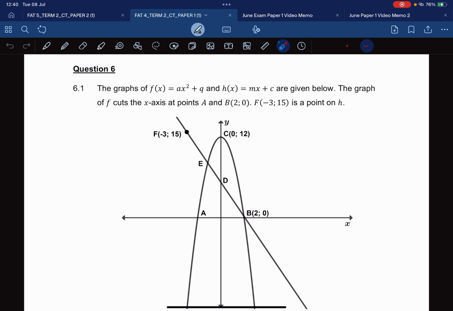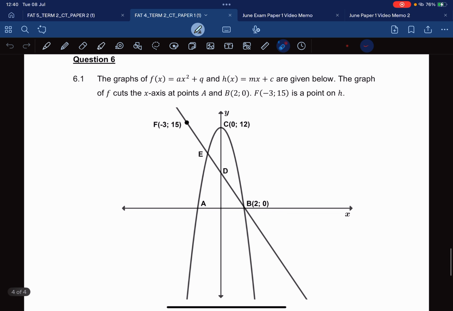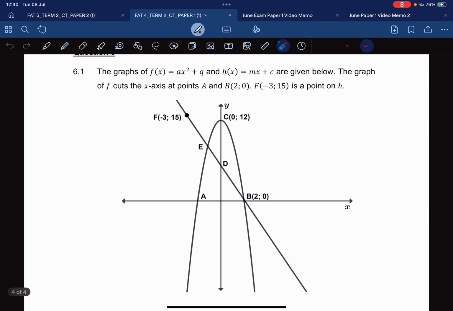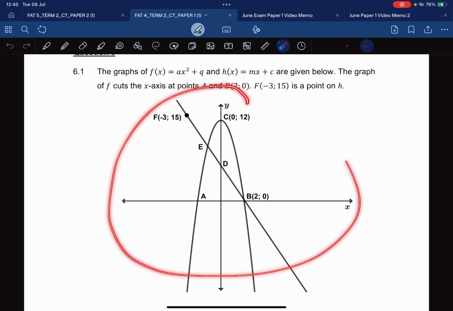Sometimes I do take for granted that when learners read these two statements they understand exactly what is being said, and I've come to discover that that's not always the case. So hopefully me reading through every point here makes that a bit clearer, at least in terms of what is being presented to you in this diagram.